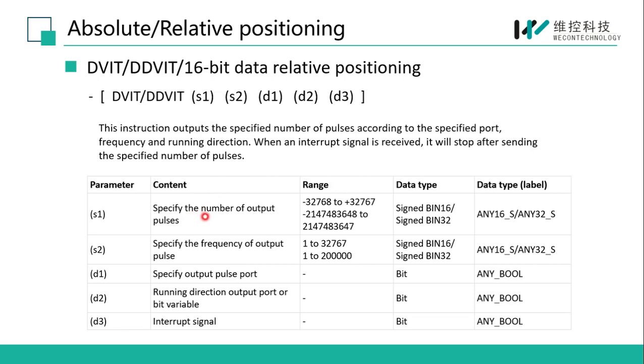The first parameter is for the number of output passes, and the second parameter is about the frequency of output passes. And the third is for the output pass port, and the fourth is about the running direction output port, and the last one is the interrupt signal.